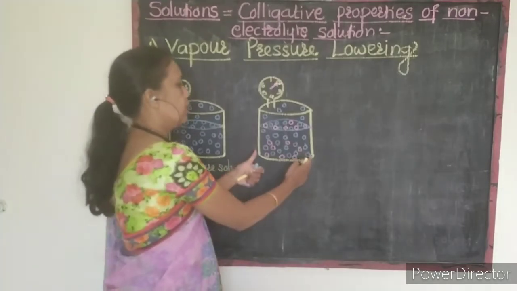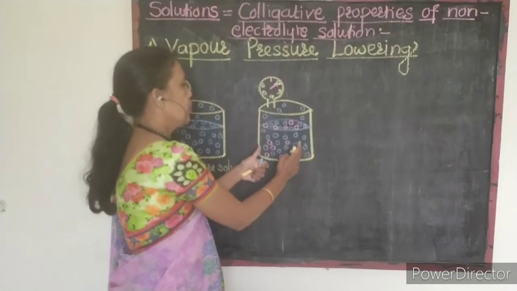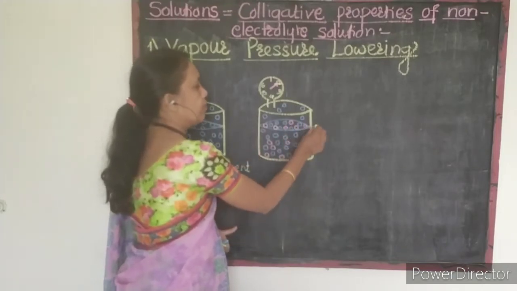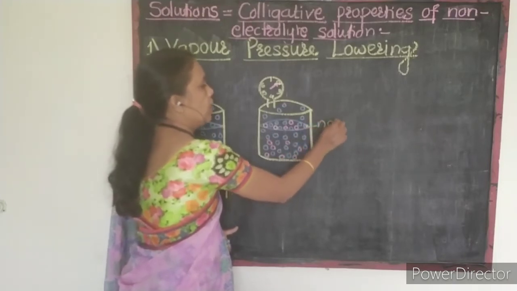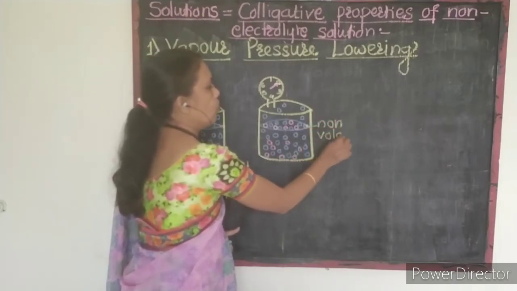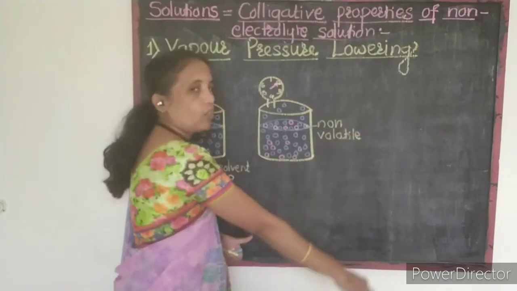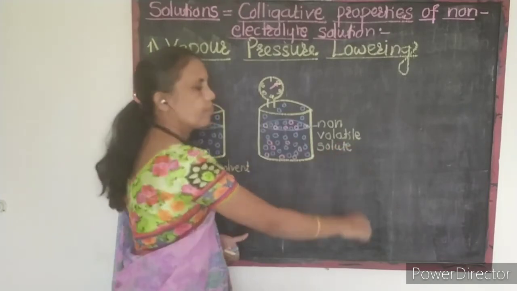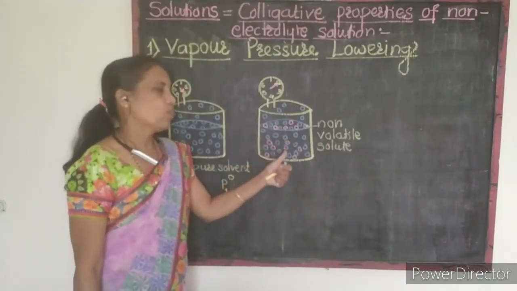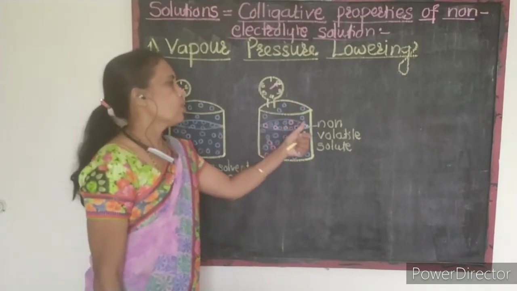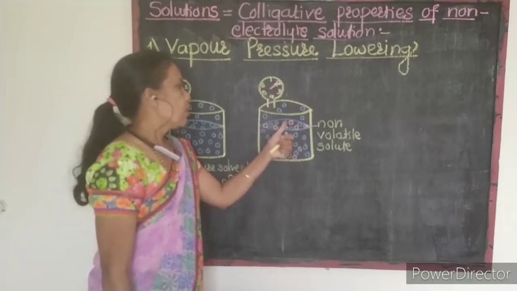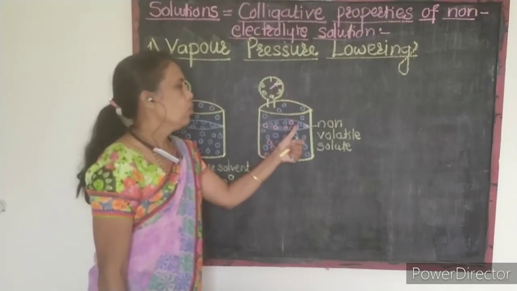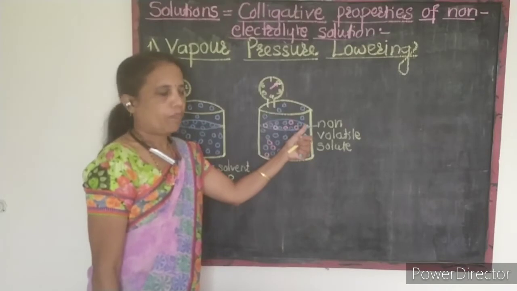Now consider another closed container in which a non-volatile solute is added. These are non-volatile solute molecules, non-volatile and non-ionizable. When this solute is added and the solution is formed, at the surface of the solution, solvent molecules are present with solute molecules also.